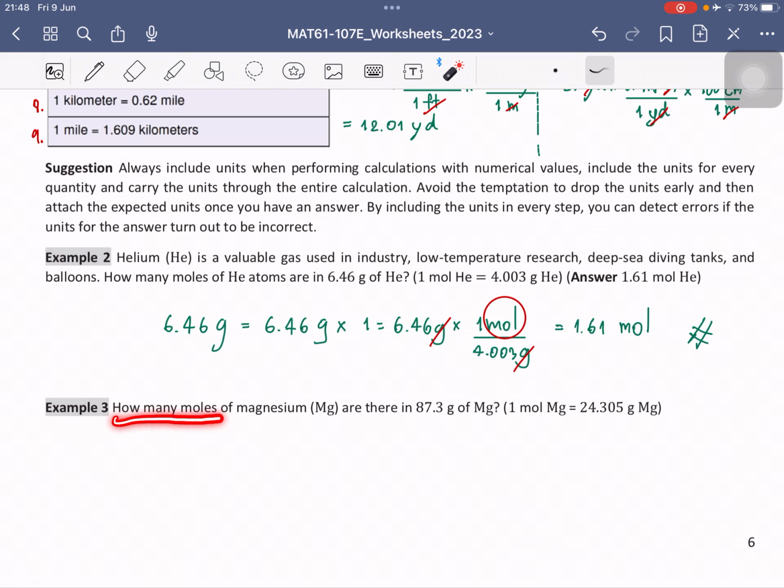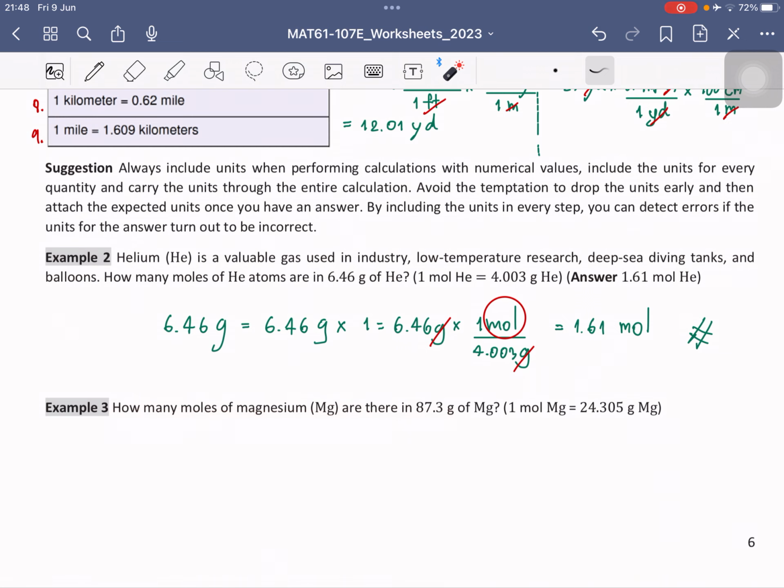Okay, the next one: you want to know how many moles of magnesium are in 87.3 gram. That means you want to change gram to mole, right?